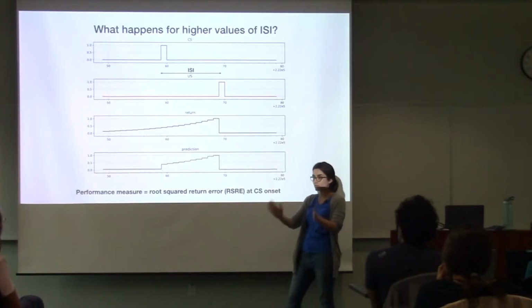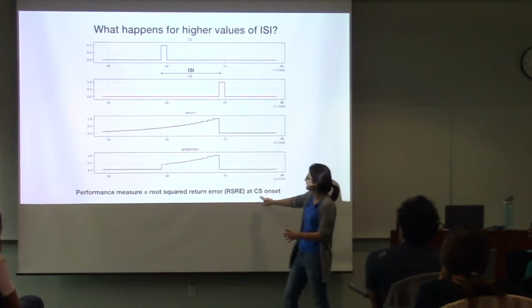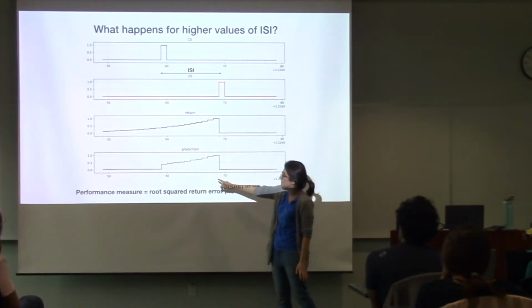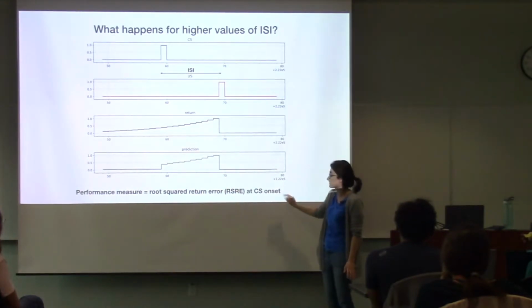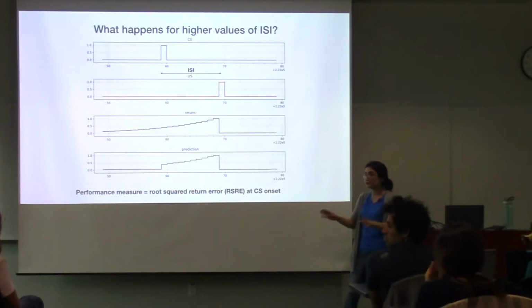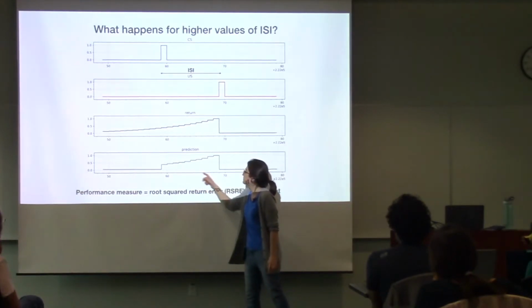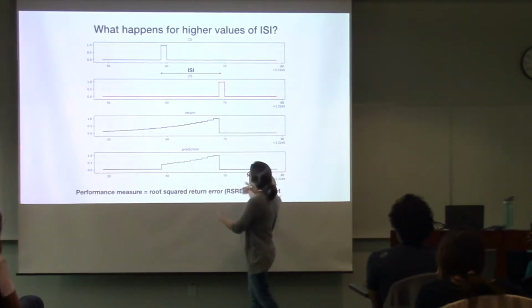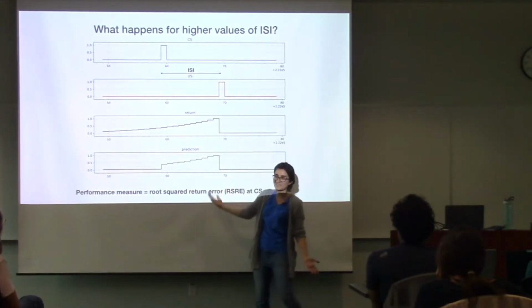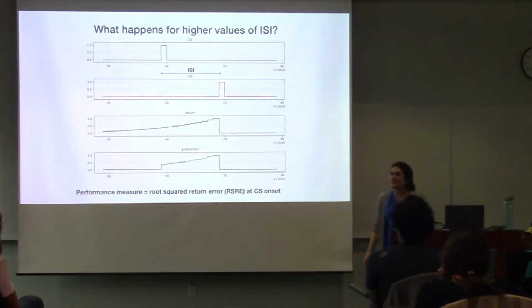I'm looking at the final trial, and then at the difference between return and prediction at the time of the onset of CS. You could average over the whole thing or over any points. Okay, so just at that one moment.